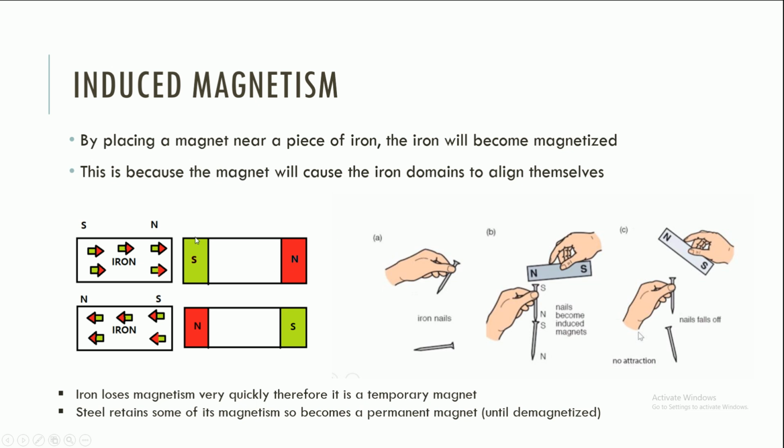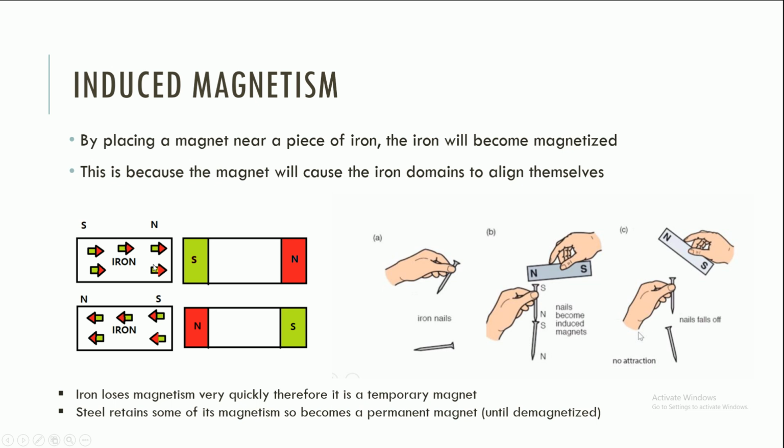If you put a permanent magnet like the one over here on the right next to a piece of iron, these little domains will orientate themselves, as I said that opposite poles will attract each other. If you've got a permanent magnet with a south pole right over here, then these little domains will all orientate themselves so that the north pole is attracted towards the south, so you get the alignment of the north pole towards the right and the south pole towards the left.